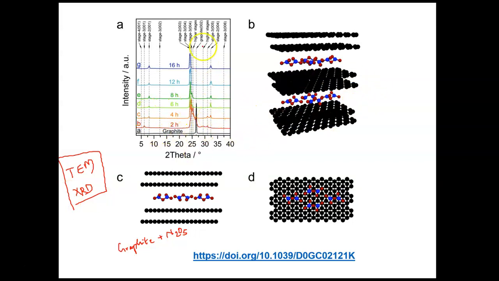This can be understood using the XRD pattern or the TEM images, or you can do EDX analysis to analyze the amount of various elements present in that material. This is just for knowledge.